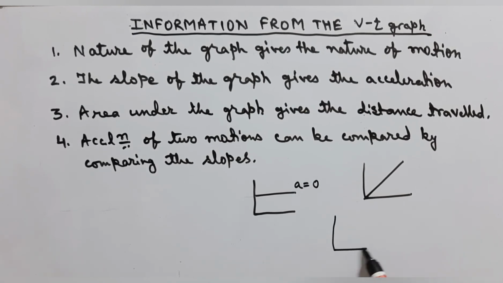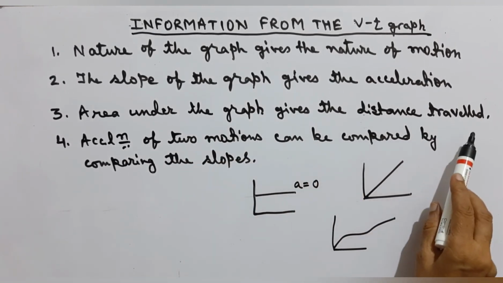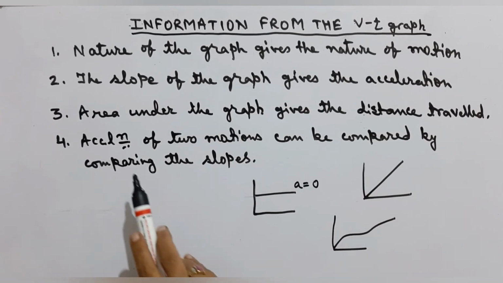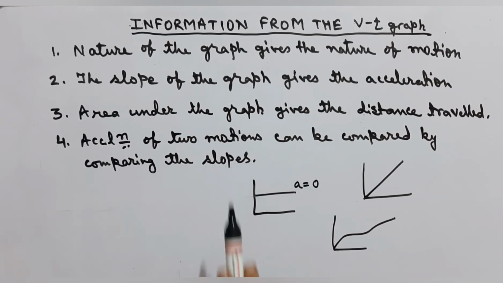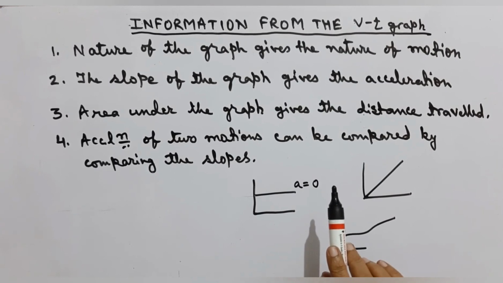For any other type of graph, that is, if the nature of the graph is anything but the straight line, it is a motion such that the acceleration is not uniform. The area under the graph gives the distance travelled. The acceleration of two motions can be compared by comparing the slopes.